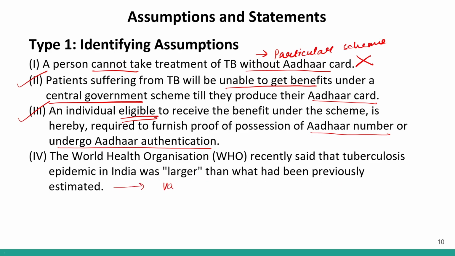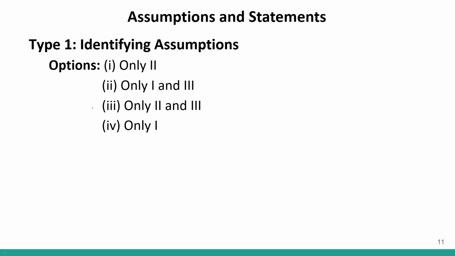So this is a vague statement. This has no relation with the original statement. So this is also not correct. So basically second and third can be the correct inferences, right? So if I look at the options, option number 3 says only 2 and 3. So this will be the correct answer. Only 2 and 3. Okay.